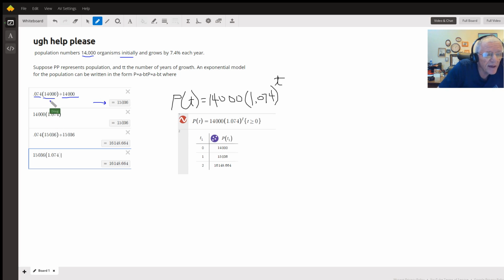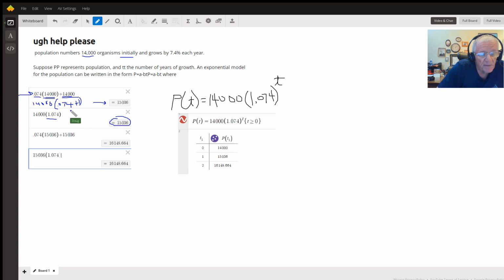Another way to write that is to picture factoring out this 14,000, and what's left inside the parentheses is 0.074 plus 1, which is just 1.074. So another way to do this calculation is 14,000 multiplied by 1.074, giving us this number.